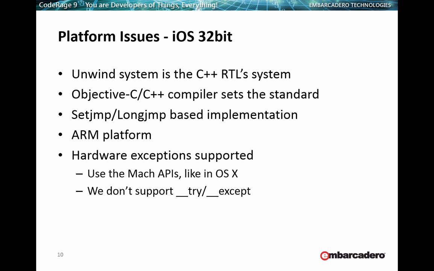So the odd thing about that platform, and this is a little bit of a surprise to us, is that rather than it being a PC map scheme, it was a setjmp/longjmp based implementation. So in many respects similar to the Win32 implementation, a little bit different.